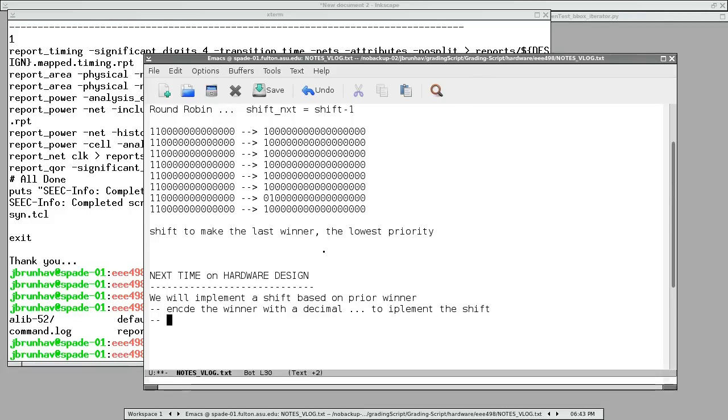But I think this time we'll do a direct shift based on the 1 hot value, based off of the prior cycle's 1 hot value. So that prior cycle means we're going to have some sequential components, so we'll look at using the D flip-flop next time.